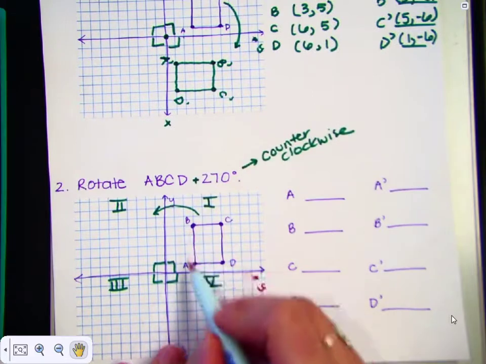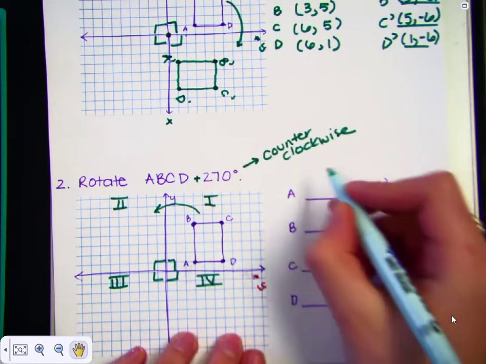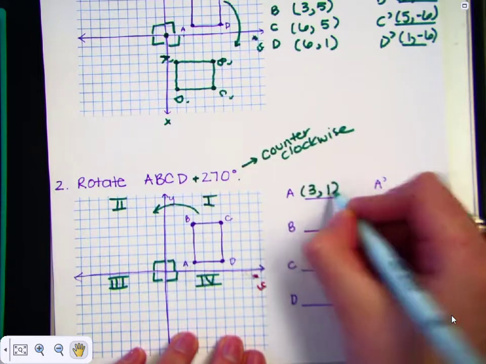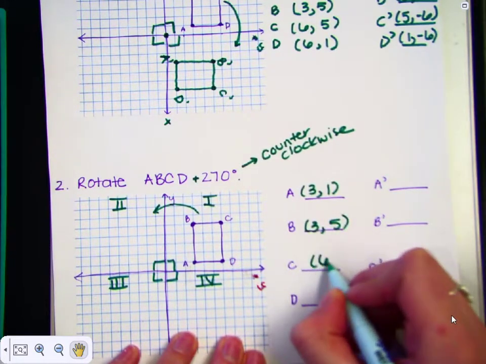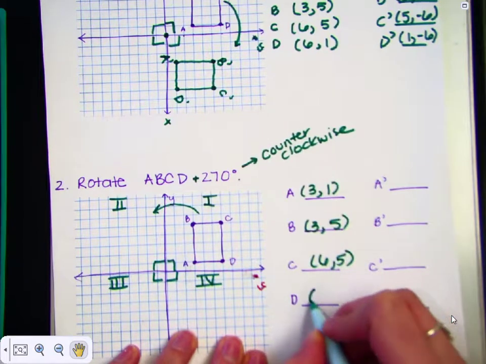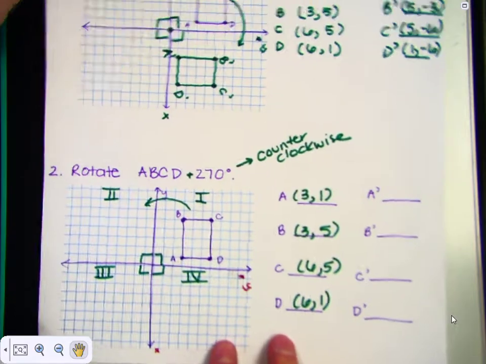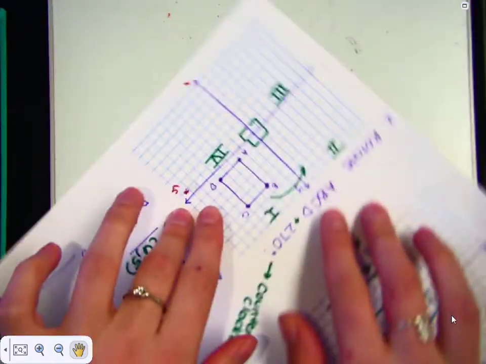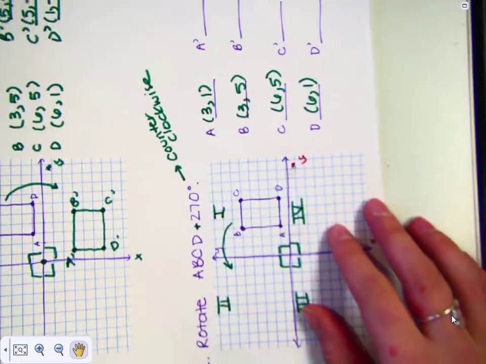So it might be helpful again to write your points down of the original figure. So my original, let's see, A was, I think it's the same as before. So 3, 1, 3, 5, 6, 5, and 6, 1. Okay, so go back to rotating 1, 2, 3. So I'm in this quadrant here.